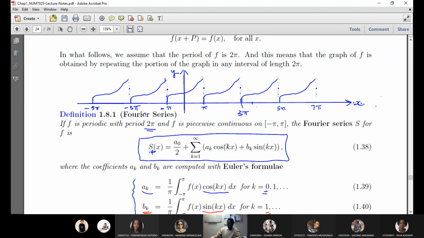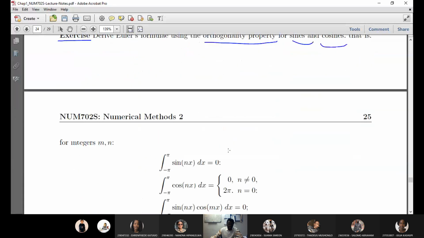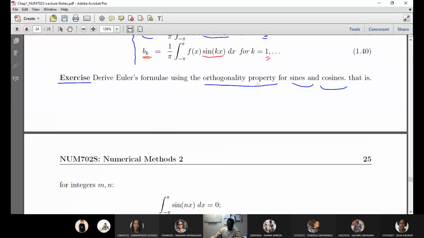In order to compute these coefficients, like in the Chebyshev case, remember when we wrote an expansion of this form, we needed an orthogonality property for the elements of the basis. So that is something similar we want here. But since our points x are not discrete, x are actually continuous on the interval negative pi to pi, they take all the values in the interval.